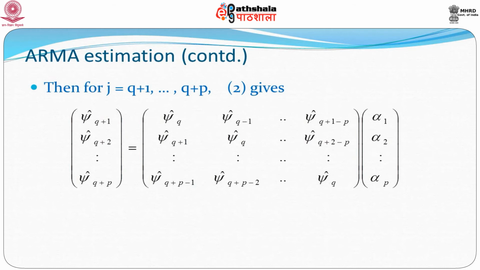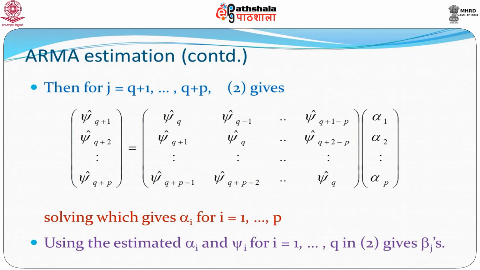Remember that the betas won't come in here, because we are taking j equal to q plus 1 and beta_{q+1} is 0. So, the betas would not come here, and we can write the relationship simply in terms of the psi's and the alphas. Psi's we have estimated, alphas are unknown, and we get p equations in these p unknown alphas. We solve these p equations to get estimates of alpha_1, alpha_2, up to alpha_p.